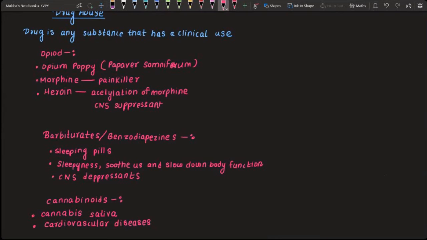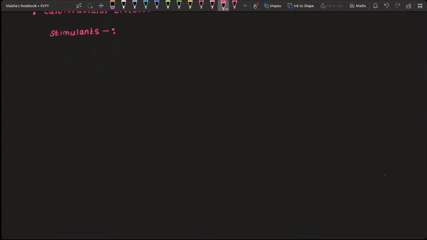And then we come to stimulants. In all of the earlier drugs, we have seen that they either provide us pleasure, or they act as CNS suppressants or depressants. But these stimulants will actually perform the opposite function. They will stimulate the nervous system, make a person feel more excited or very active or hyperactive.